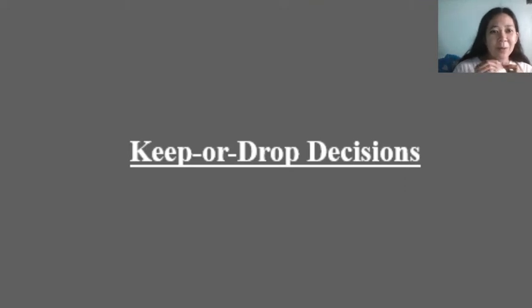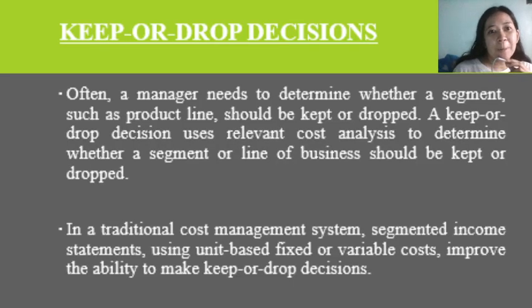Okay, so we go now to the second decision making, that is keep or drop decisions. So here, often a manager needs to determine whether a segment such as product line should be kept or dropped.